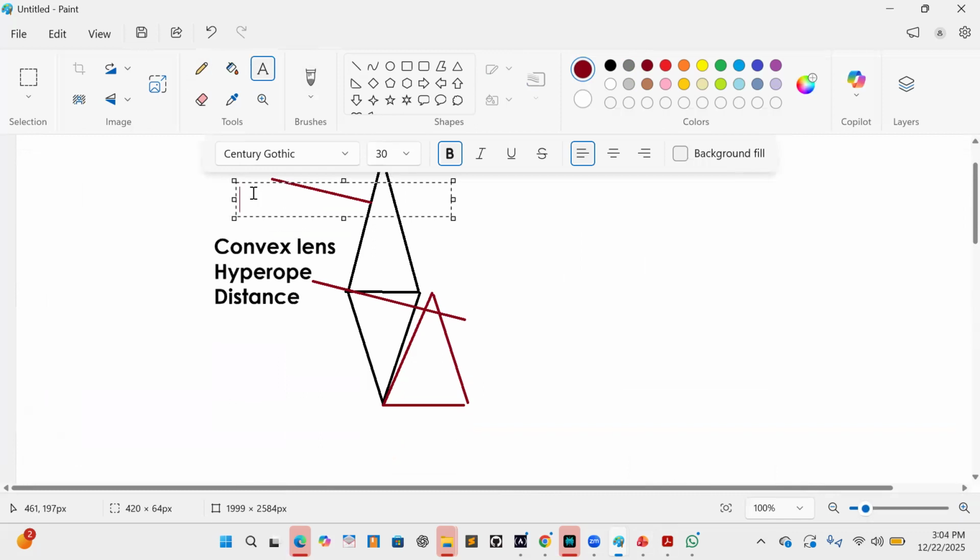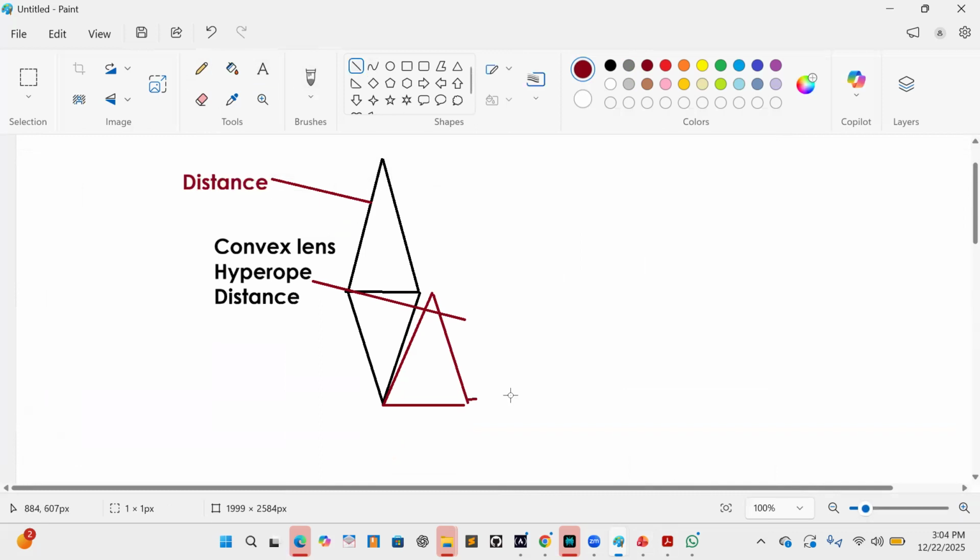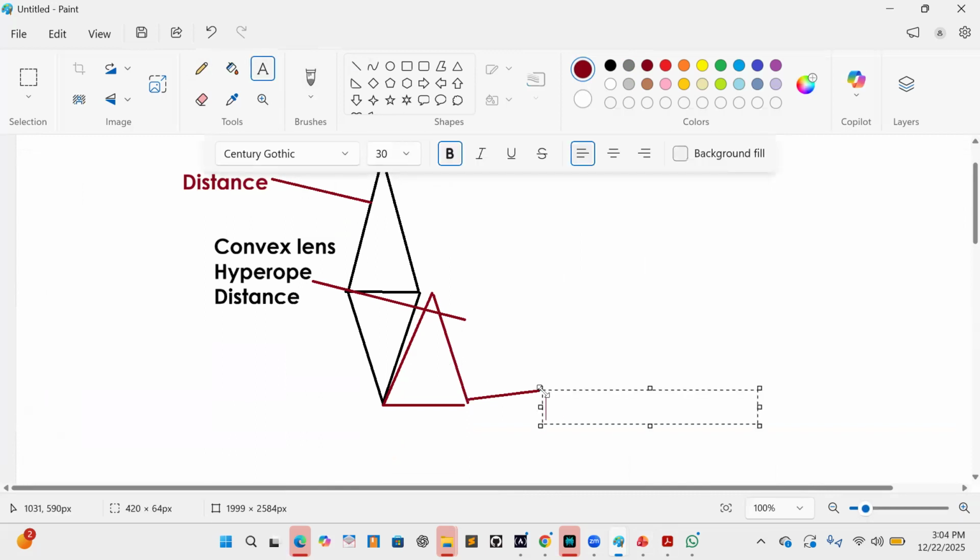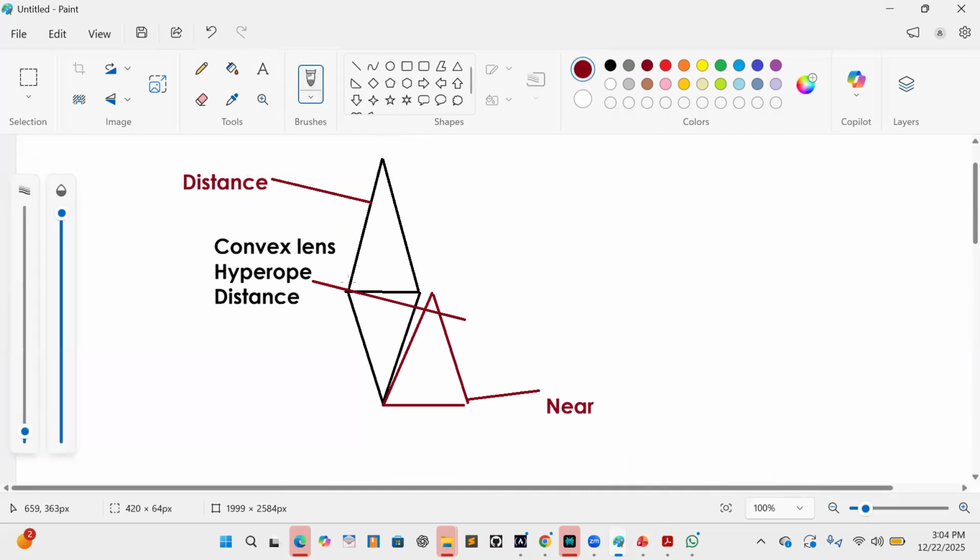So that is the distance prescription. And then this is the near. Now you are moving from the distance prescription to the near.